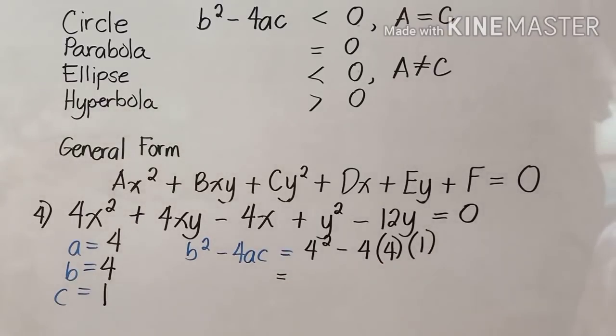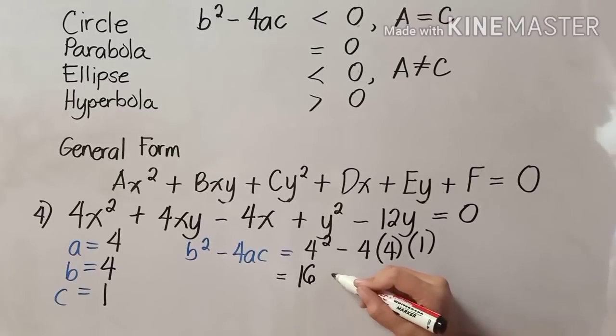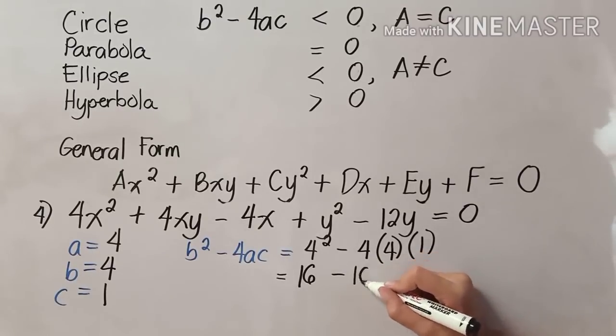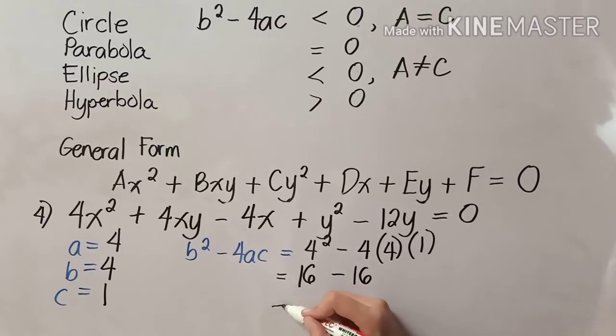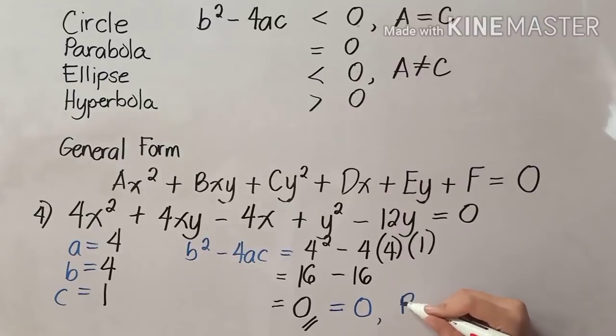Therefore, we have here 4 raised to 2 is 16 minus 4 times 4 is equal to 16. Now 16 minus 16 is 0. Since the determinant is 0, according to our options, this is an equation of a parabola.